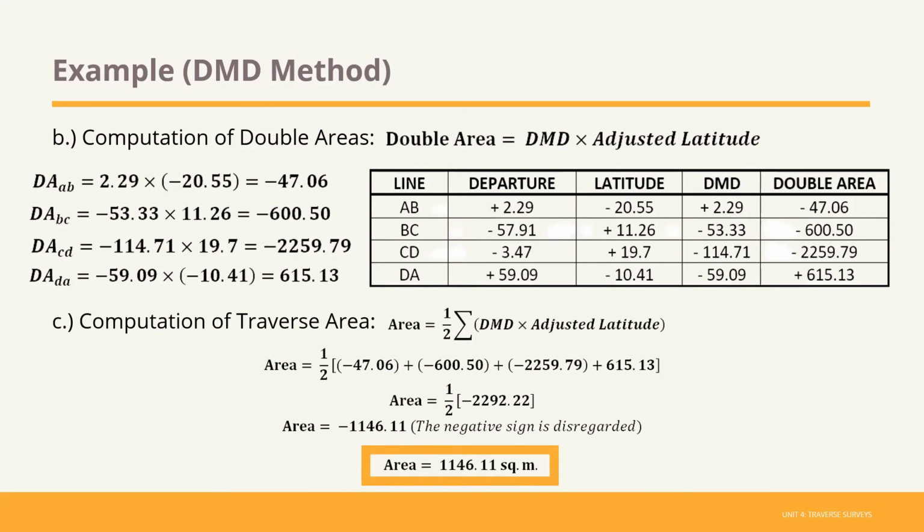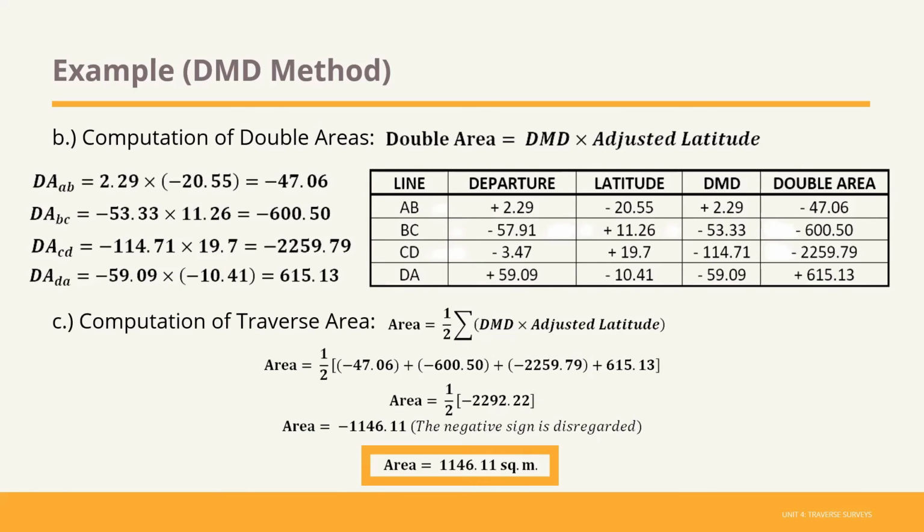First we need to add all of the double areas: negative 47.06 plus negative 600.50 plus negative 2259.79 plus 615.13, which is equal to negative 2292.22. Multiplied by 1/2, we'll have negative 1146.11. In this case, the negative sign is disregarded.